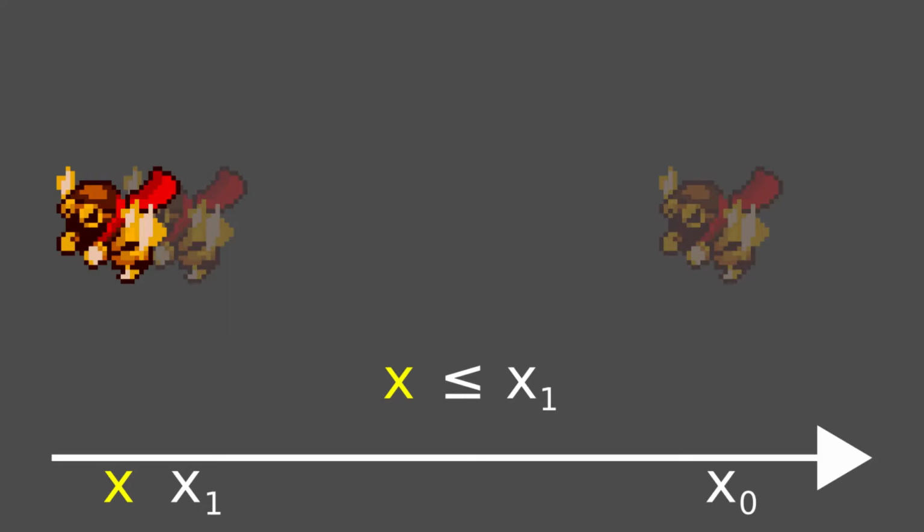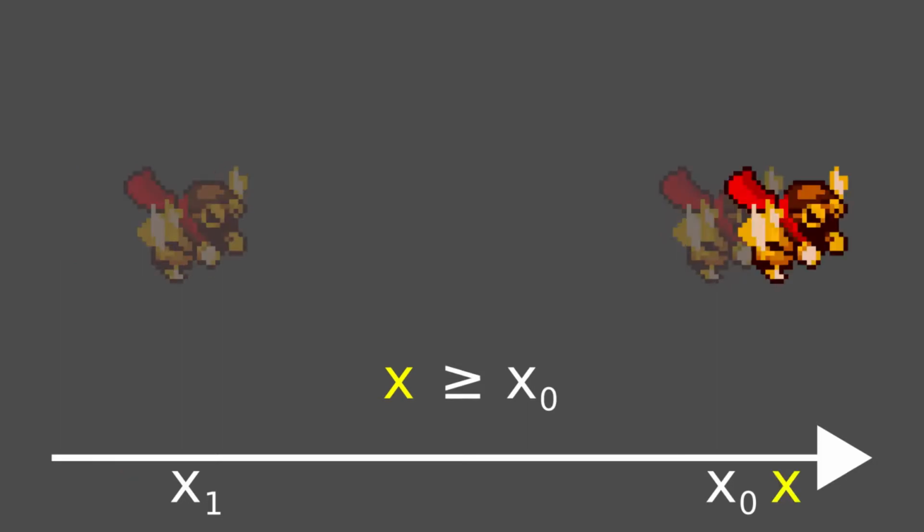Let's say that the x position of the bee is called x. If x is less than or equal to x1, the final position, then we know that the bee should stop. Conversely, suppose that the bee is moving to the right. If x is greater than or equal to x0, the initial position, then the bee should also stop. With this logic, we can get rid of the timers completely.